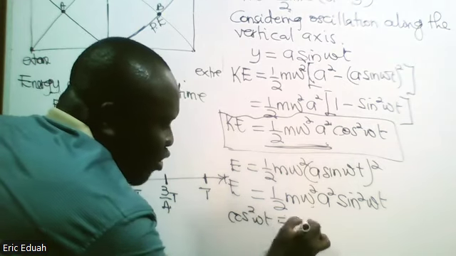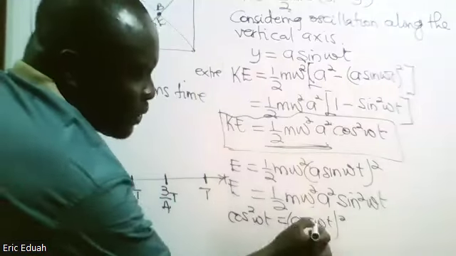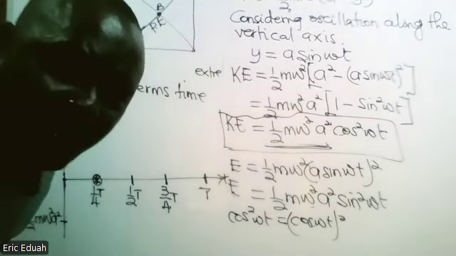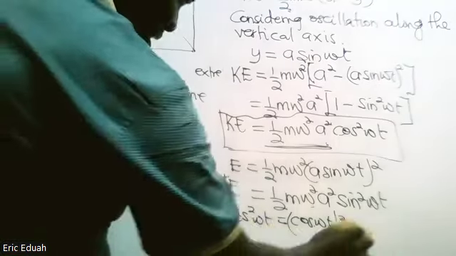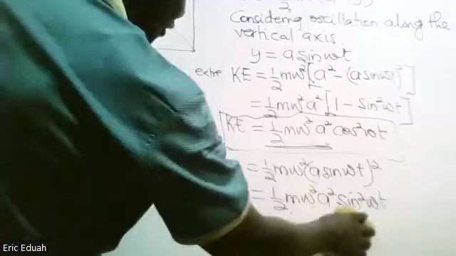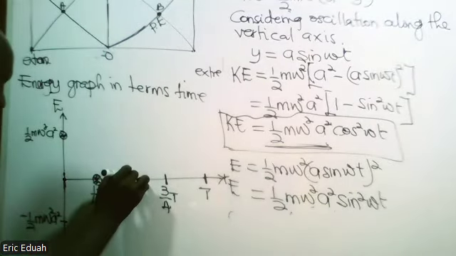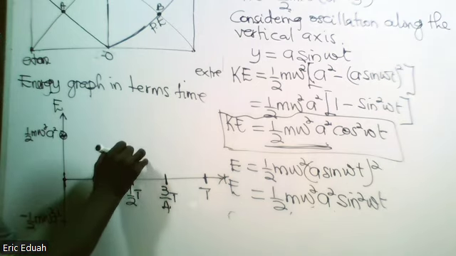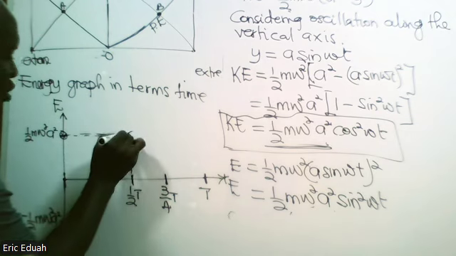This is the same as cos omega t all squared. So when you put in 180, you get -1, but it's a square. Do you get it? It's a square, so it will be positive of the maximum value. So this time or angle would go with an energy value equal to the maximum.